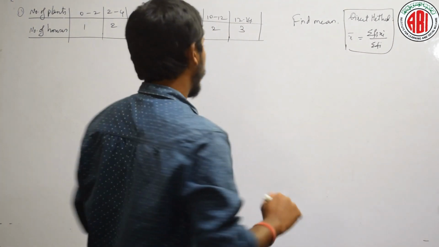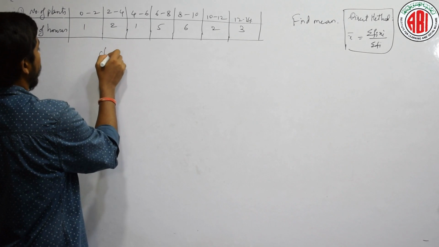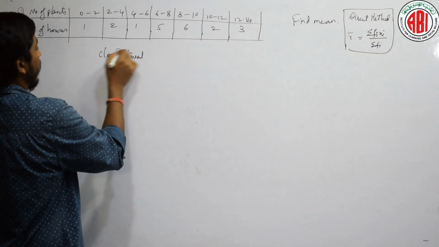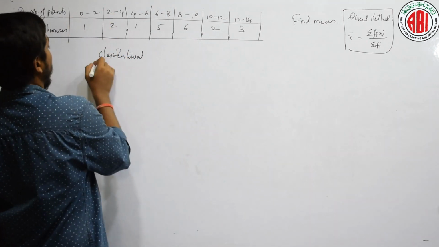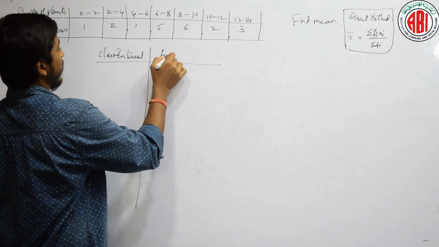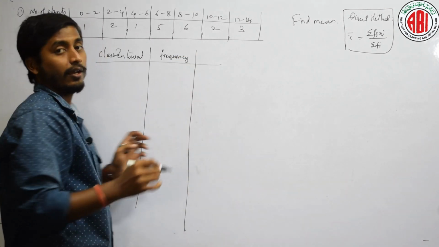Now, let us do how to solve it. That is, let us use the terms class interval, right. Is it grouped data or ungrouped data? That is grouped data, do not forget it, do not forget the names also. And the next is frequency. Okay.